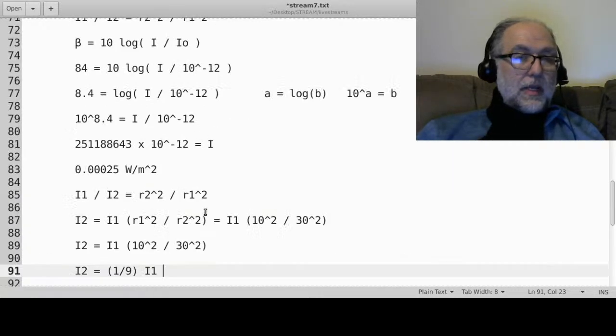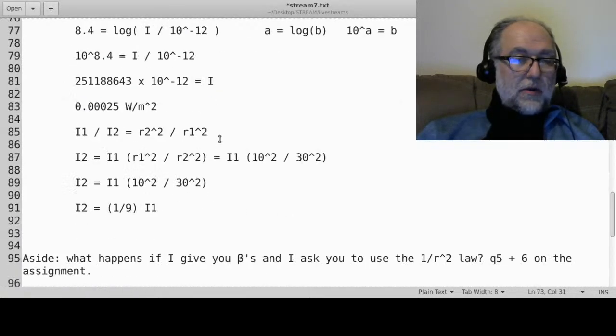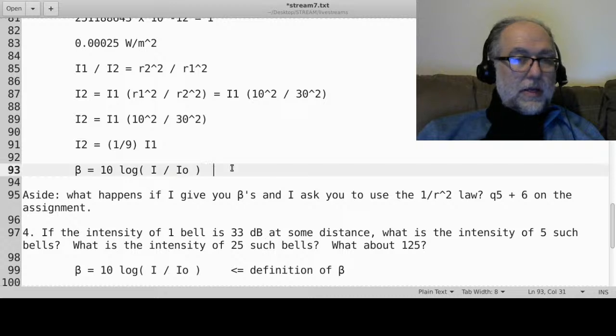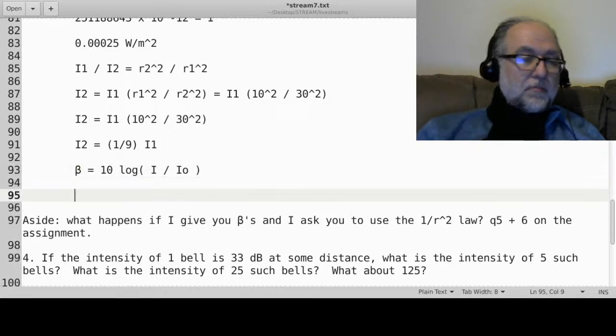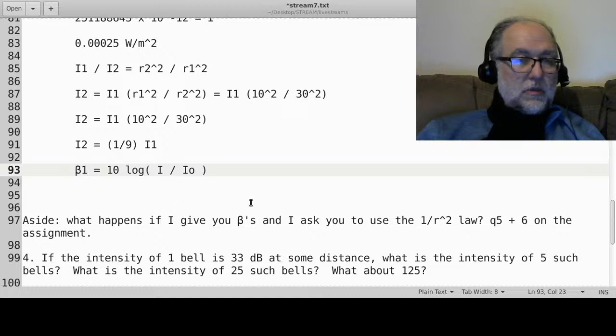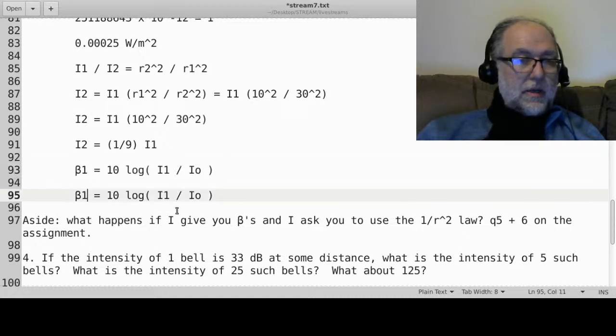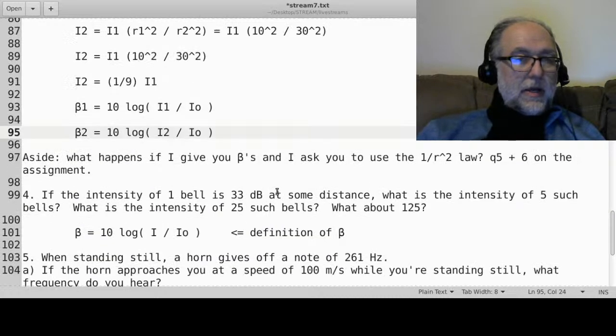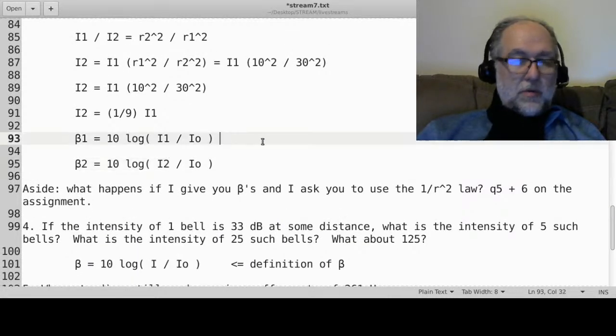Well, suppose we go back to this formula here. We have this formula, beta 1 is equal to I1, and we can also write beta 2 is equal to I2. Now, beta 1 I already gave you. That was that 84 decibels.